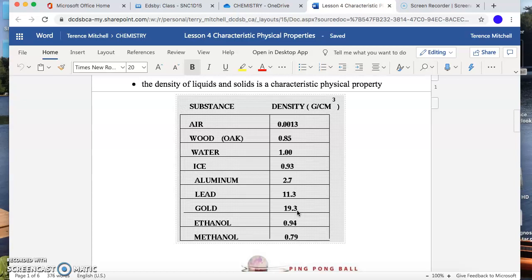If it's coming up as 19.1, that's telling me that either I didn't measure it accurately enough, so maybe I only measured the weight to 2 or 3 decimal places when I should have done more, or I made a measurement mistake with the volume, or it tells me that it's not pure gold. Maybe there's a little bit of something else mixed in it, and it's bringing its density down a little bit. But it definitely points us in the right direction.